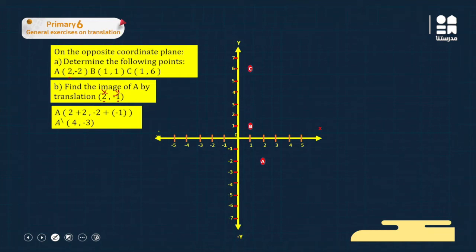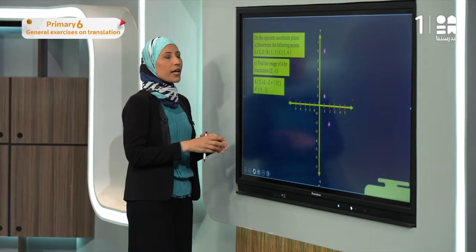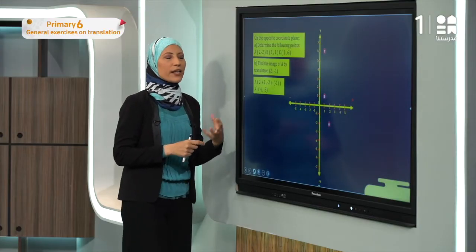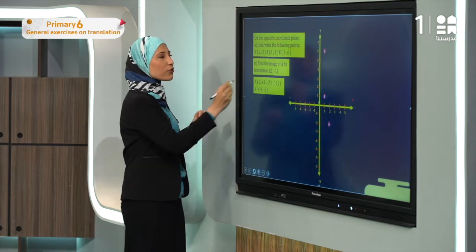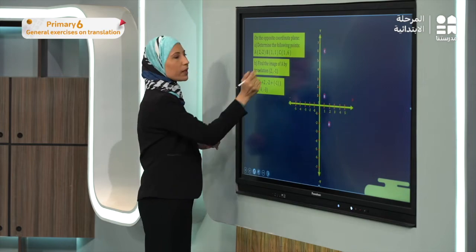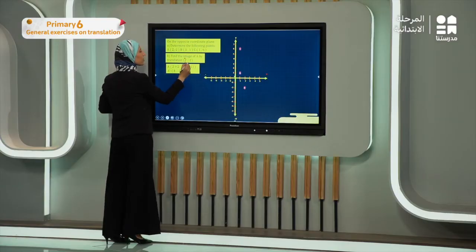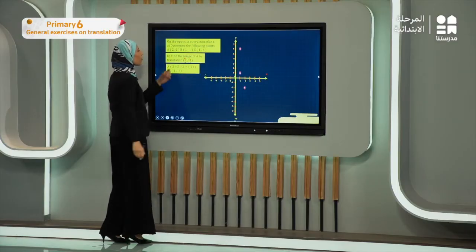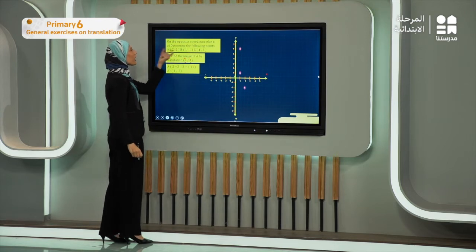Now he wants me to find the image of the point A by translation 2 and negative 1. You have to understand that in the translation, the first number is for x and the second is for y. My point A was 2 and negative 2.